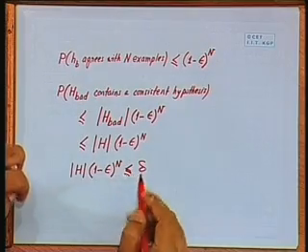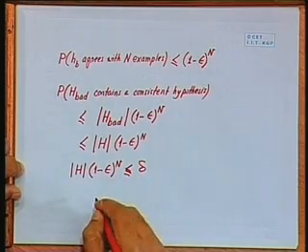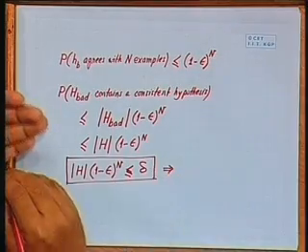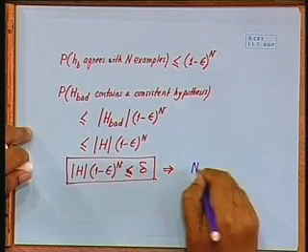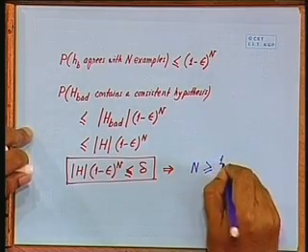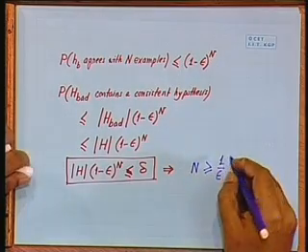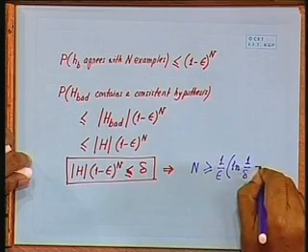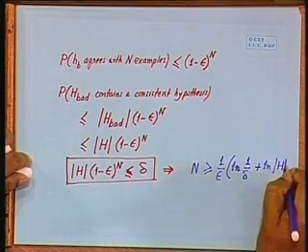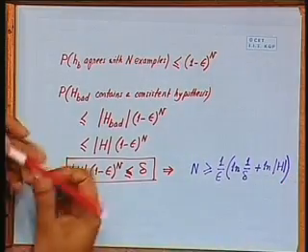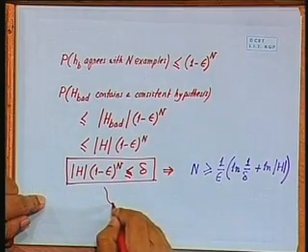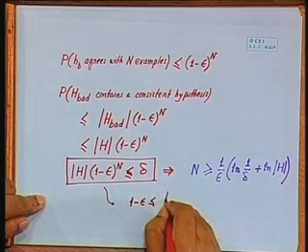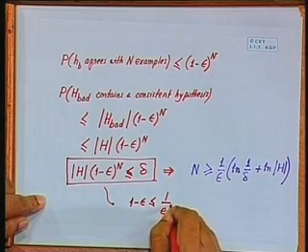Now, given this, we can derive the expression for n, which is greater than or equal to 1 by epsilon times ln, natural log, of 1 by delta plus ln of the cardinality of H. We can get this by applying that 1 minus epsilon is less than or equal to 1 by e to the power of epsilon.